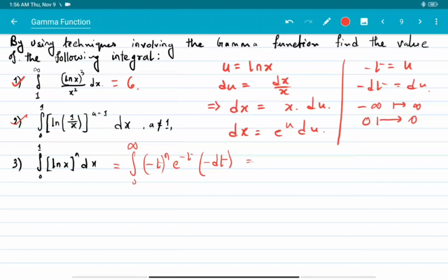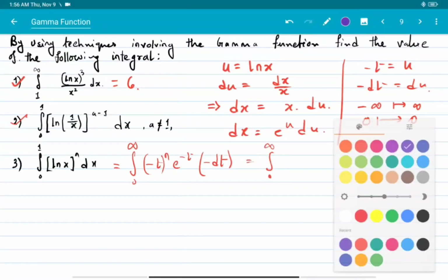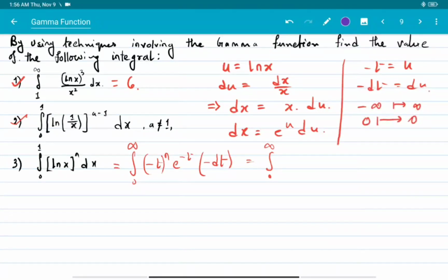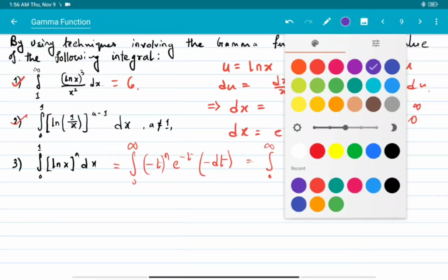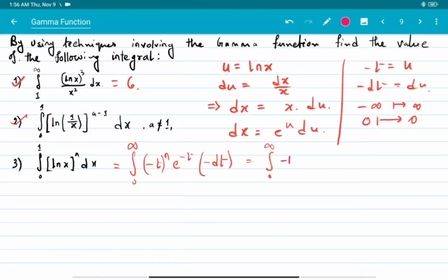So if I just do this integral, 0 to infinity, minus t to the power n, okay, so we are on the right track.